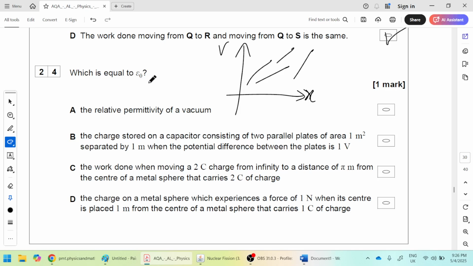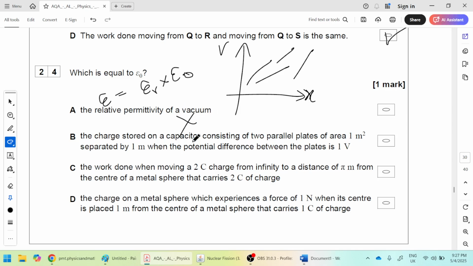Normally, actual permittivity is equal to relative permittivity times this, isn't it? But relative permittivity of a vacuum is 1. Yeah, so that's not going to work.